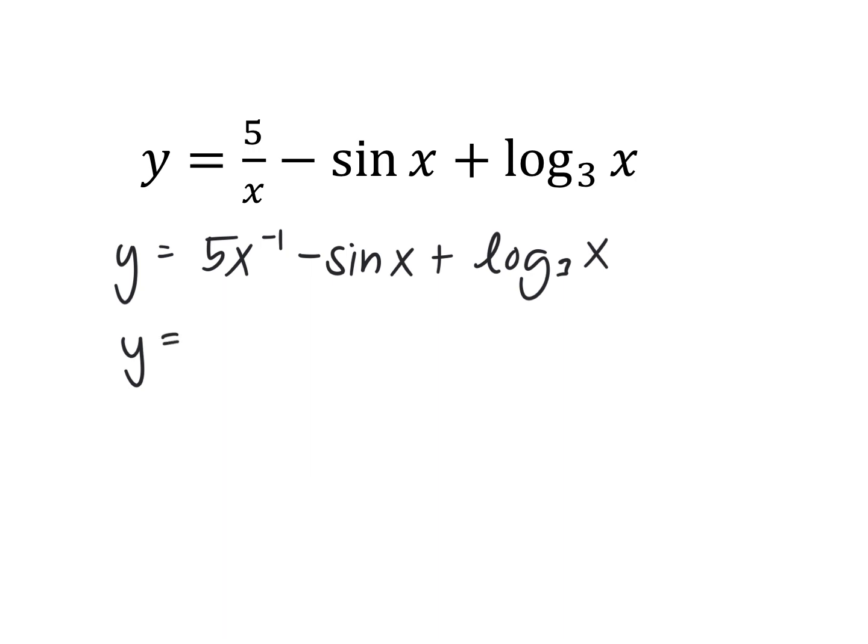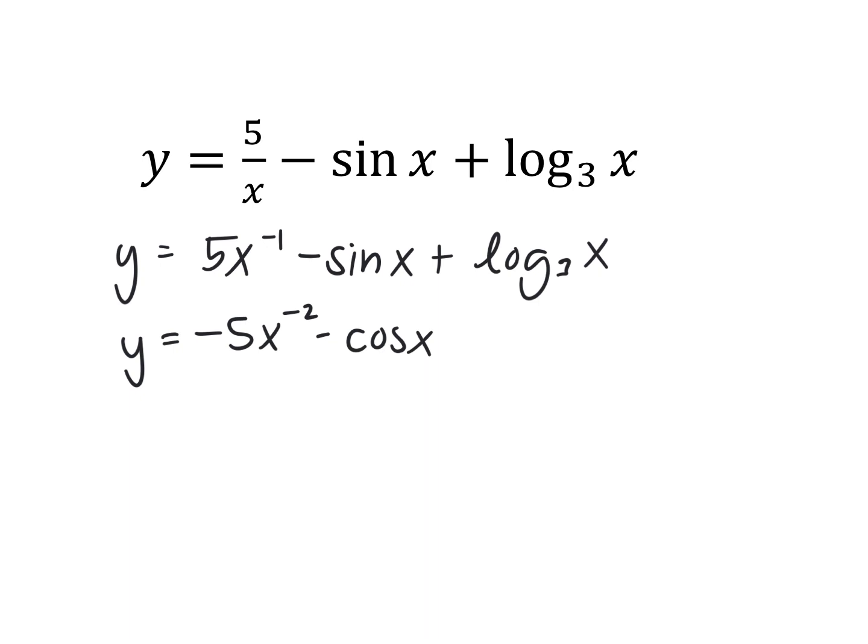So when I find the derivative of this, what is the derivative of 5x to the negative 1? Negative 5, yes. X to the negative second, or negative 5 over x squared, same thing. Derivative of sine is cosine, so minus cosine of x. And then this is the new one.